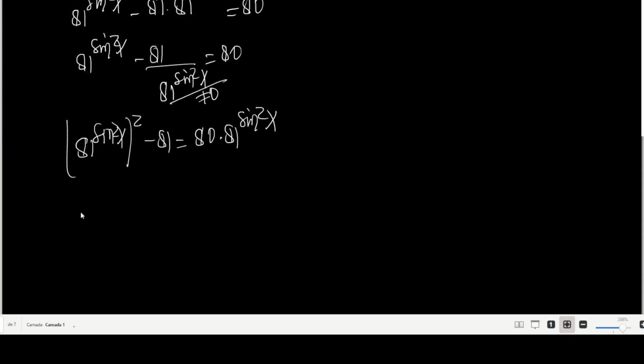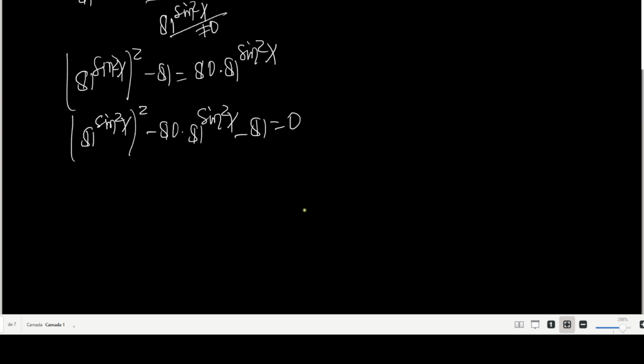So now we have 81 to the sin square of x, squared, minus 80 times 81 to sin square of x, minus 81, equals 0.